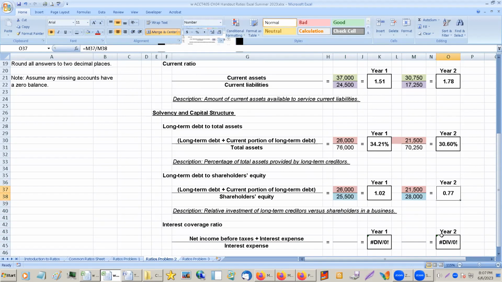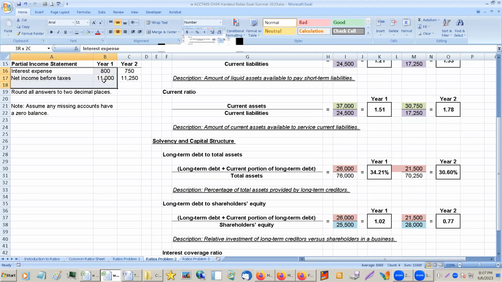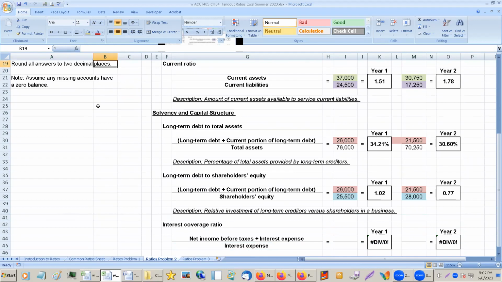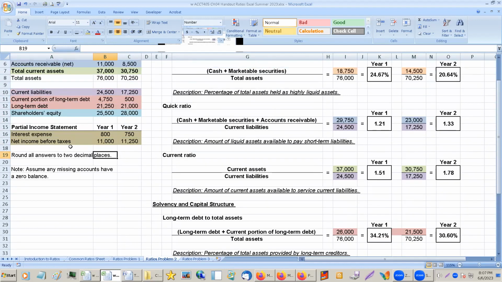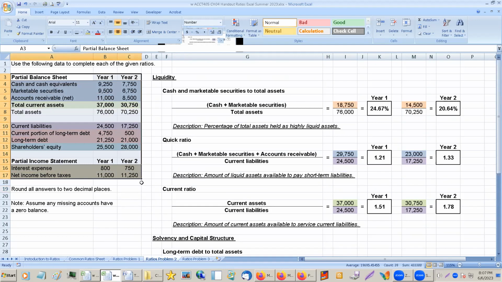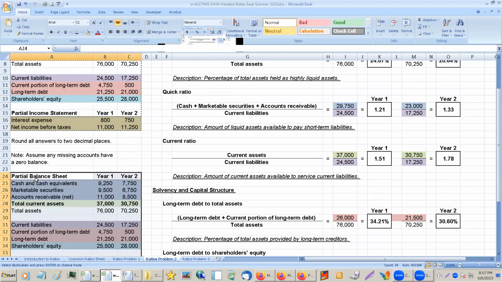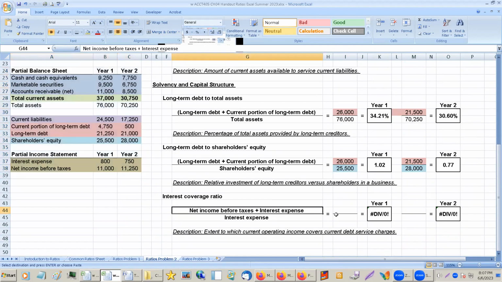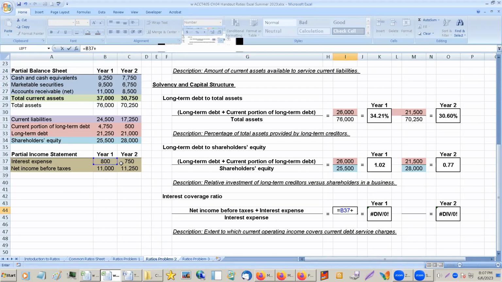Okay, and the last one here, net income, income before taxes plus interest. I think we're out of colors, so we'll make it that color.